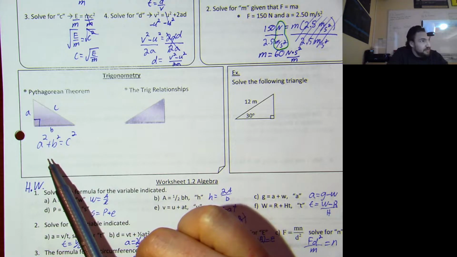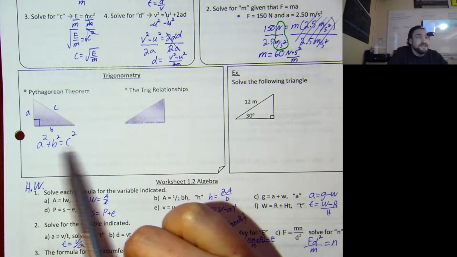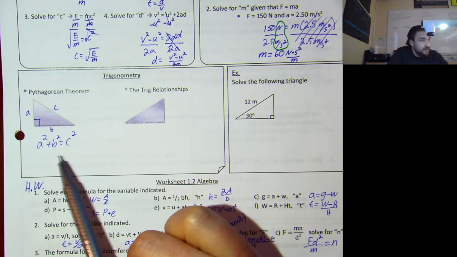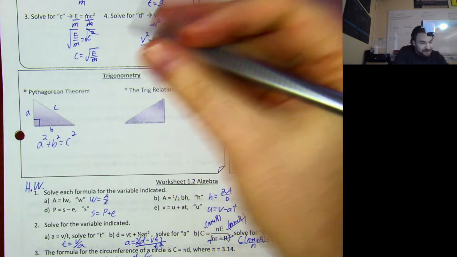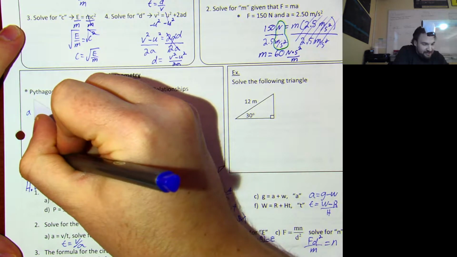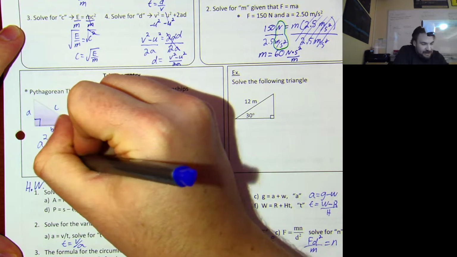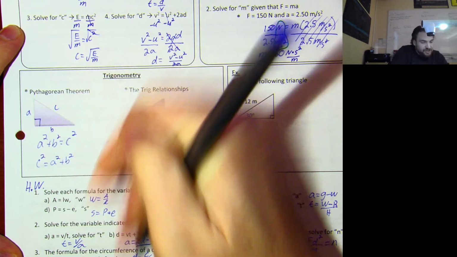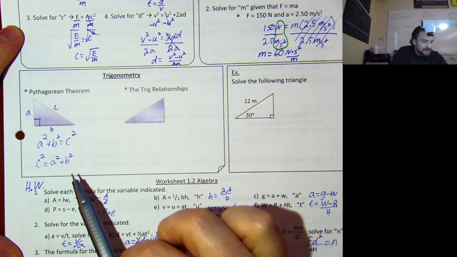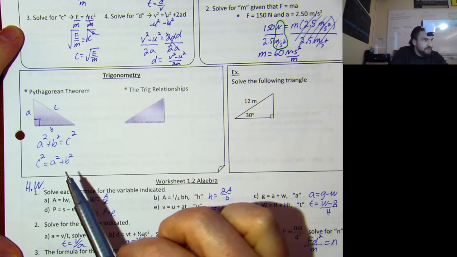This is cosine law. Pythagoras is just a specialization of cosine law. So I'll give you cosine law. Cosine law says that c squared is equal to a squared plus b squared, which is exactly what we have before, except what gets added or subtracted?